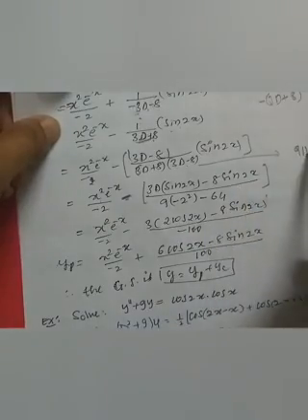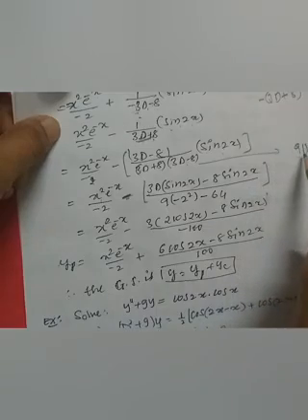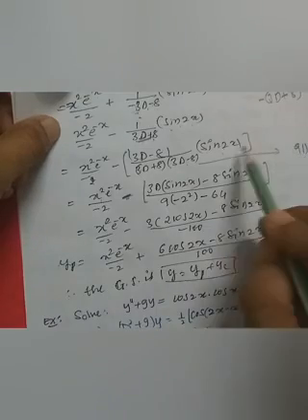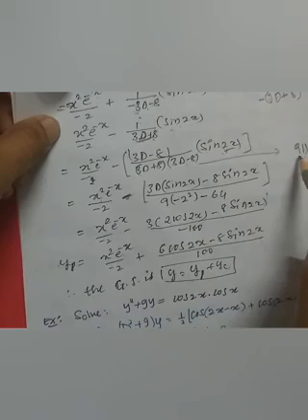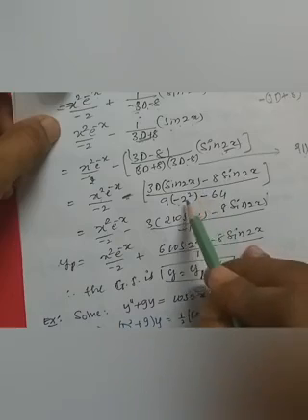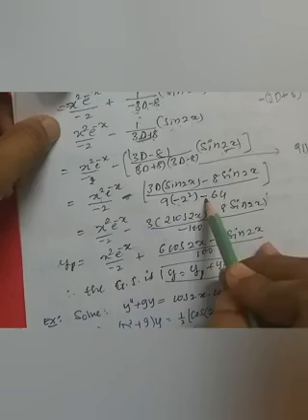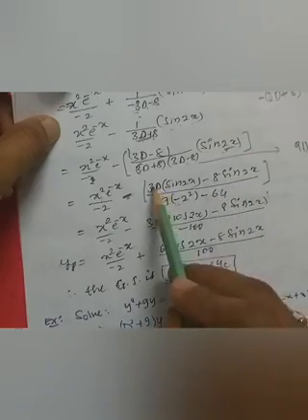So wherever d square is there, you have to replace this by minus a square. A is 2 here, so it becomes 9 into (-2) square minus 64.